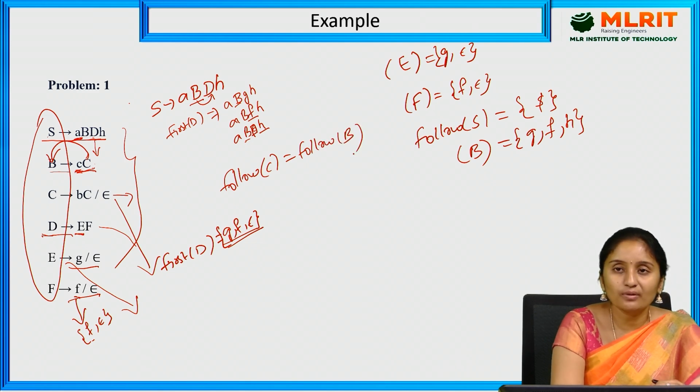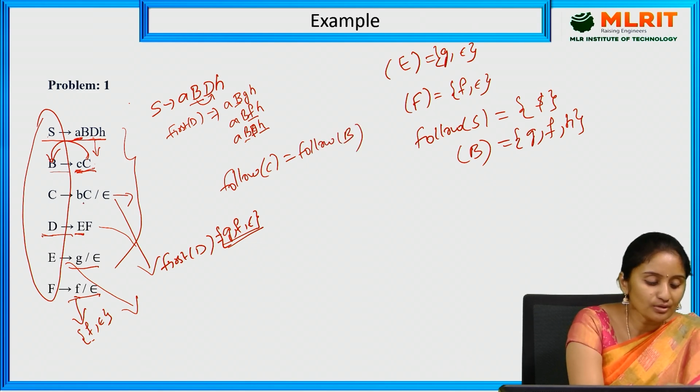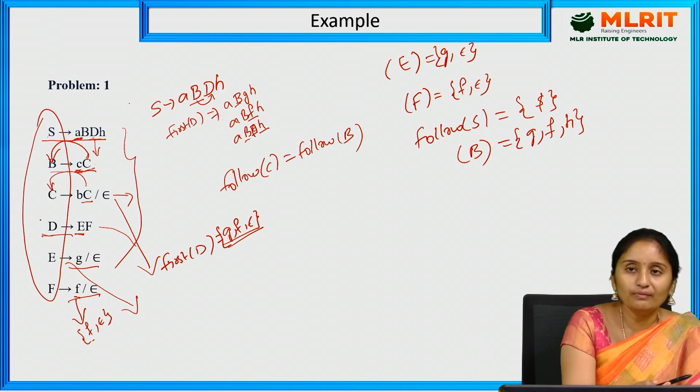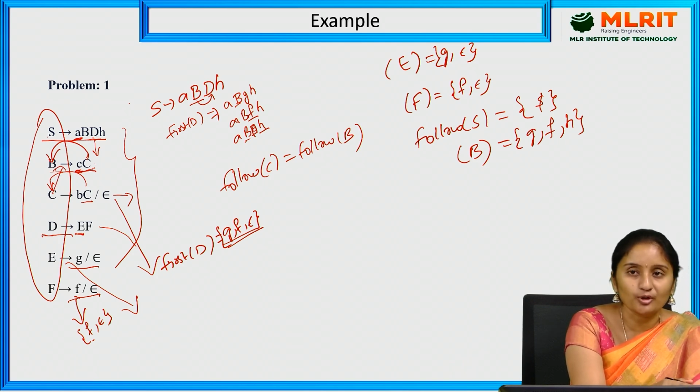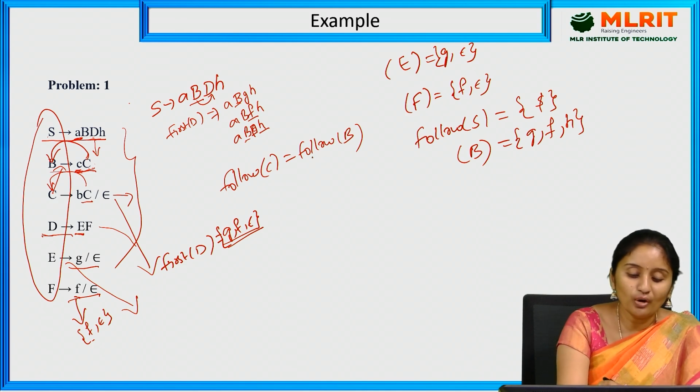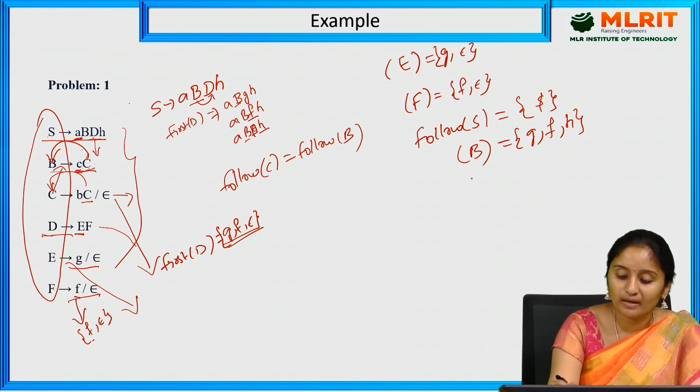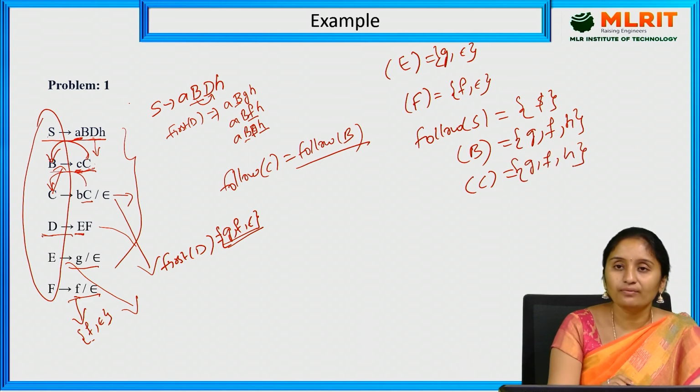Follow of C is equal to follow of B, which is G, F, H.